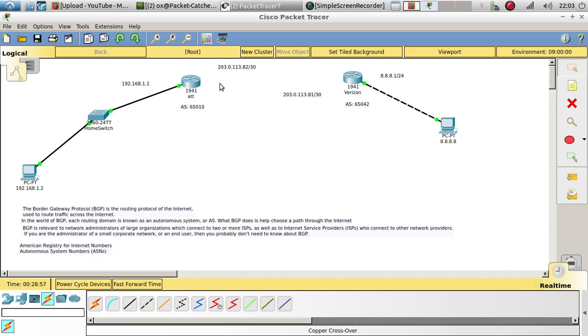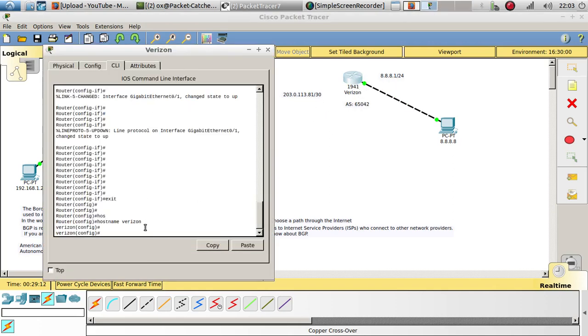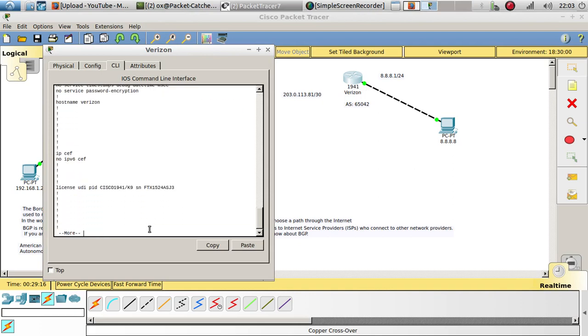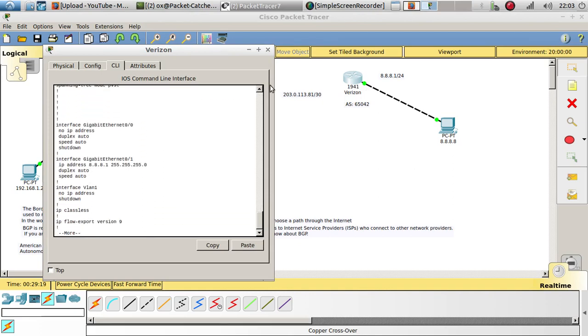And I already configured this IP address over here, and also this IP address over here, I believe. So let's go ahead and plug this in. And I believe I plugged this in on the wrong one. Let me take a look at it. If you do a show run, I want to make sure that I configured the right one.